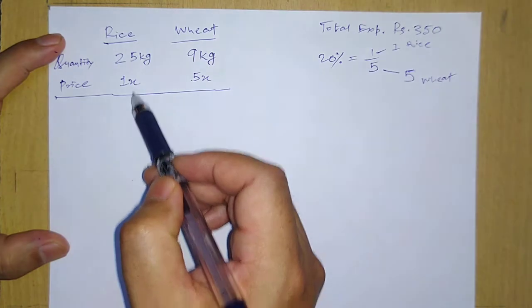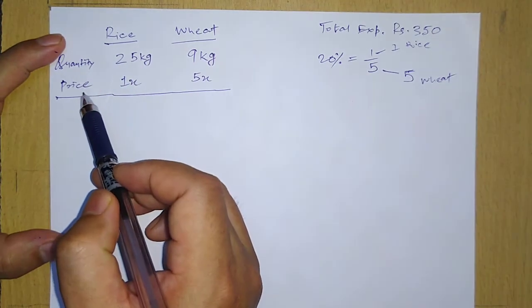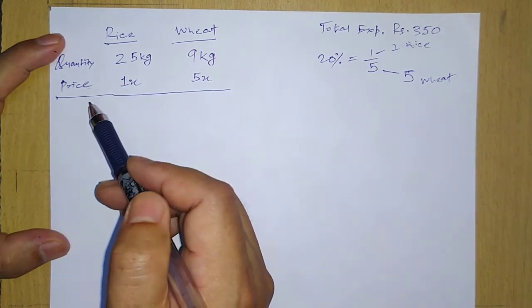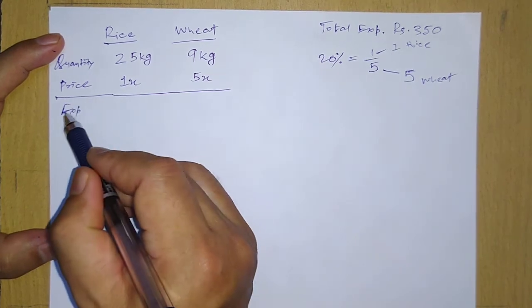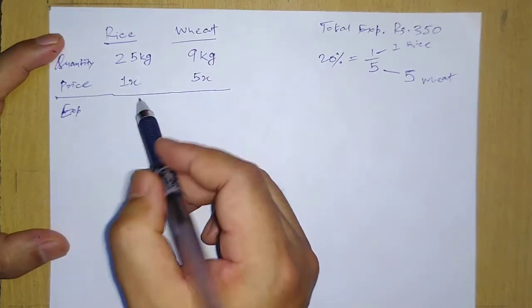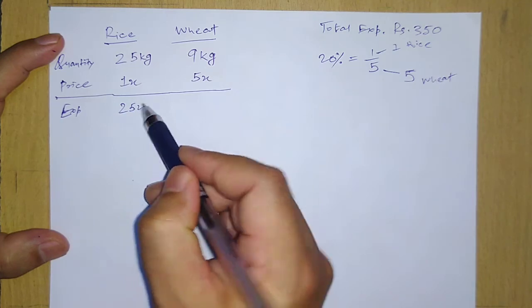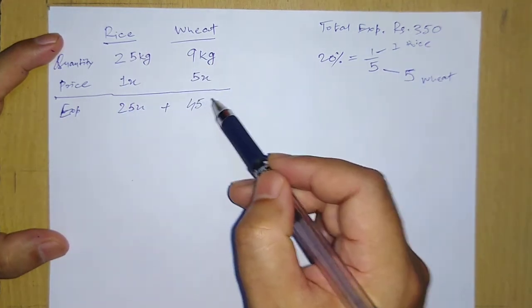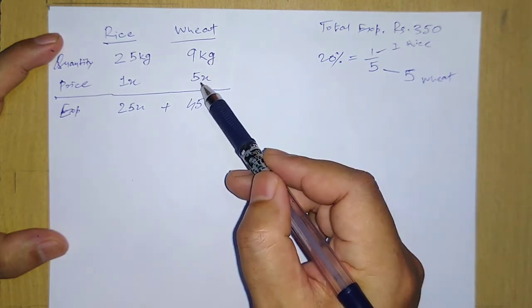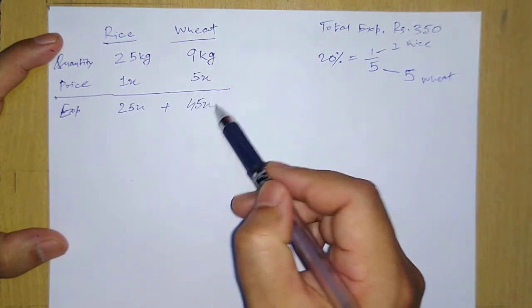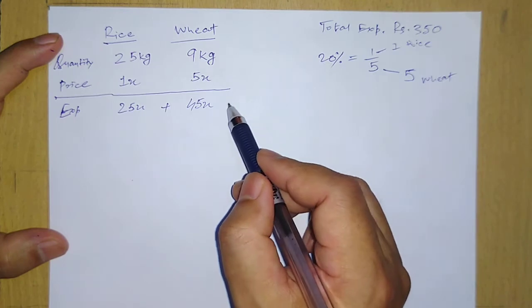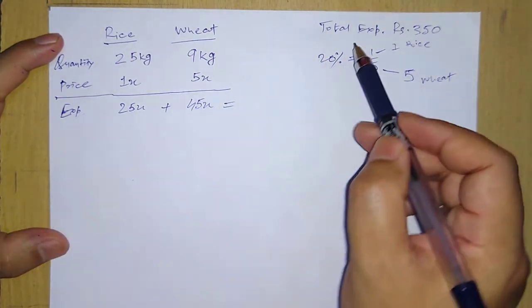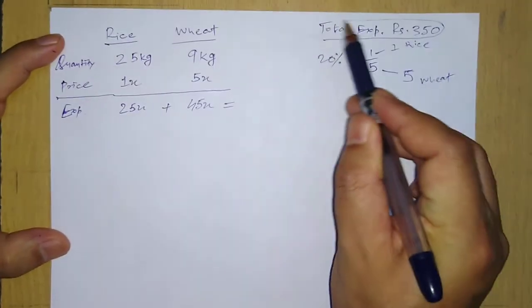Now if we multiply this quantity into price, it will give us our expenditure. So our expenditure is 25 into 1, 25x, plus 9 kg of wheat with the price of 5x will be 9 5s are 45, 45x, and this expenditure is how much? It's given as 350.